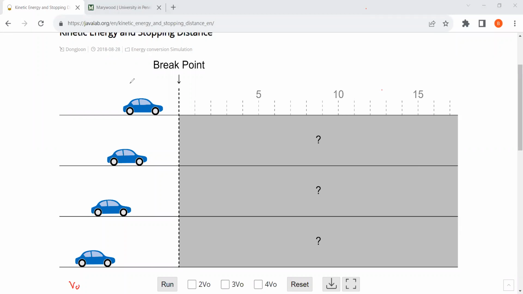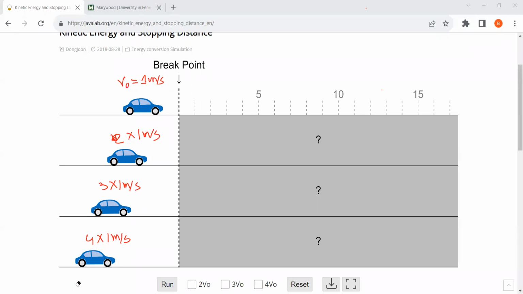Let's say v0 is 1 meter per second. This one is running at 2 times 1 meter per second, this is running at 3 times 1 meter per second, and this is running at 4 times 1 meter per second. So this car is running at v0, this is at 2v0, twice the speed of the first one, this has 3 times the velocity of the first one, and so on.